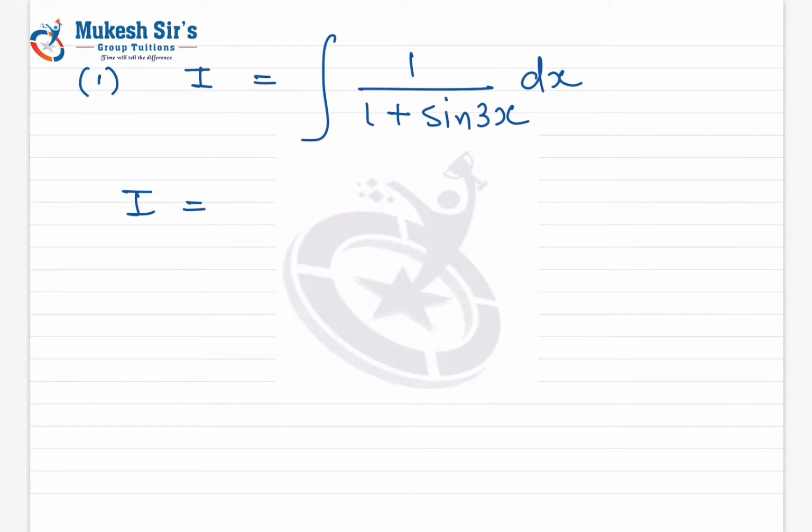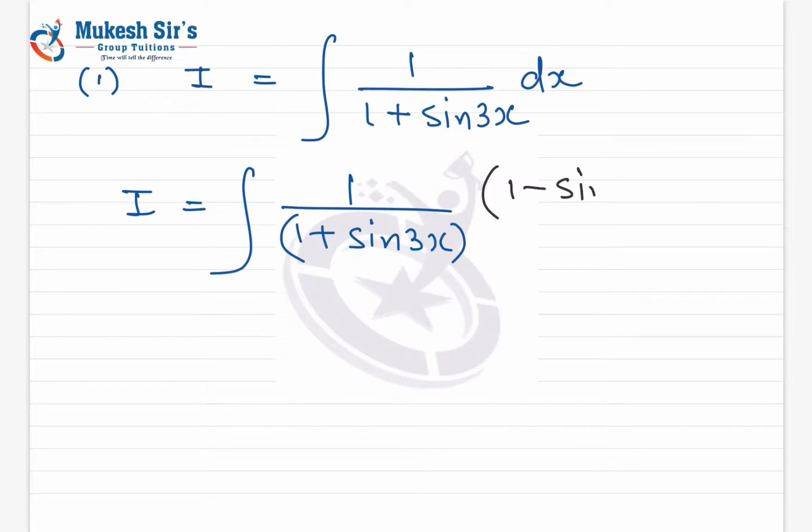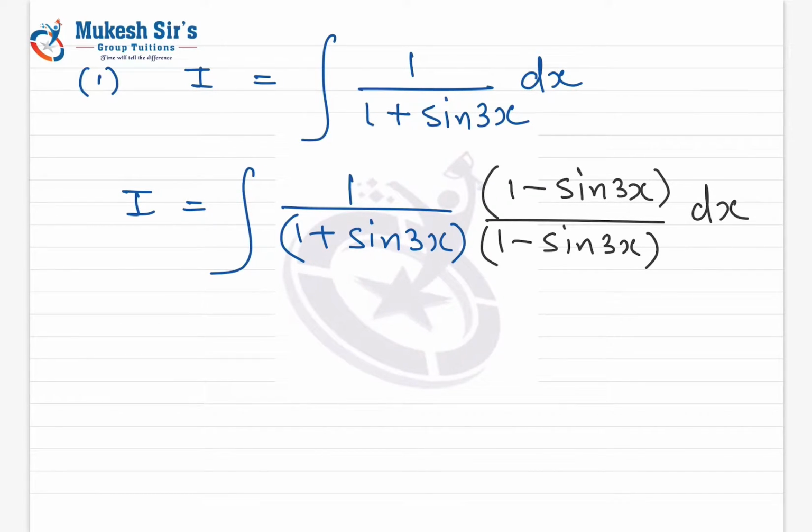So you multiply and divide by 1 minus sin 3x. The whole dx. So when you multiply and divide, this becomes integration of 1 minus sin 3x in the numerator, and in the denominator 1 plus sin 3x into 1 minus sin 3x.